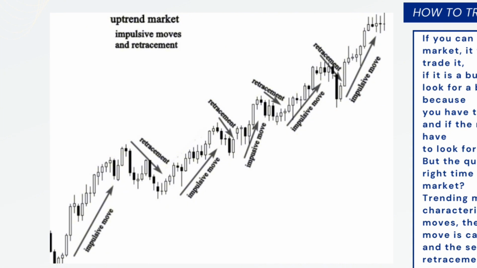Now, let's assume you are running a marathon. You can run straight up for like 15 minutes, then you can take 5 minutes rest, you run for another 15 minutes, you take 5 minutes rest, you run for another 15 minutes. All right. So here in an uptrend, let's assume the uptrend is a marathon.